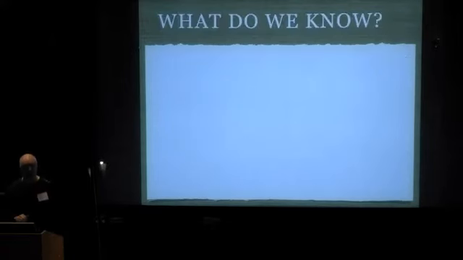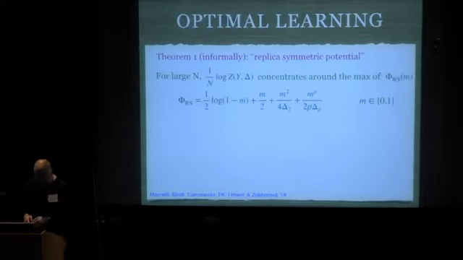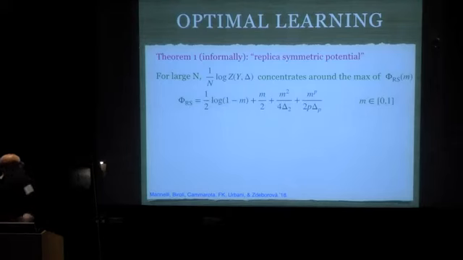So what do we know about this problem? All right, so before talking about algorithms, let's try to see what we know, and when it's actually something we can learn or not. So it turns out we know a lot. We even have rigorous theorems about it, which I will state informally. So if you are a physicist, what you want to compute all the time is the log of Z, when Z is a normalization of something.